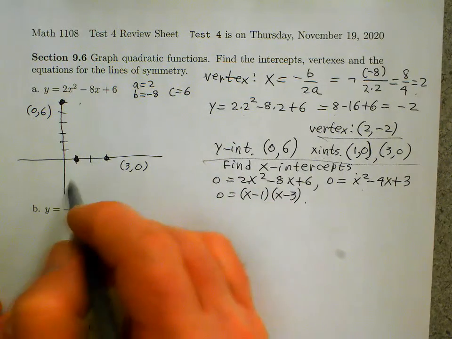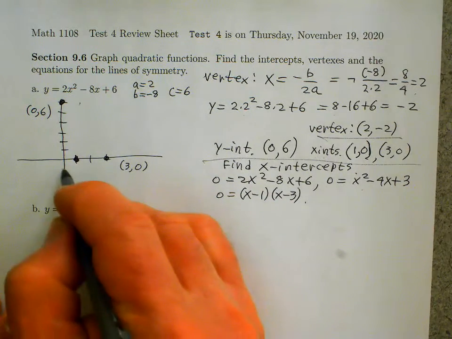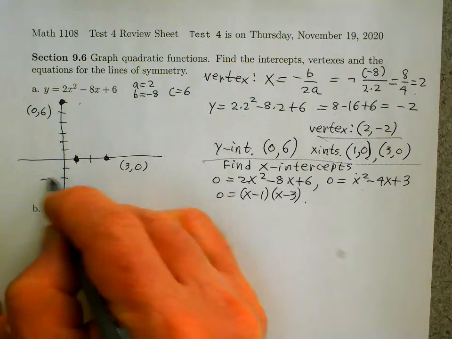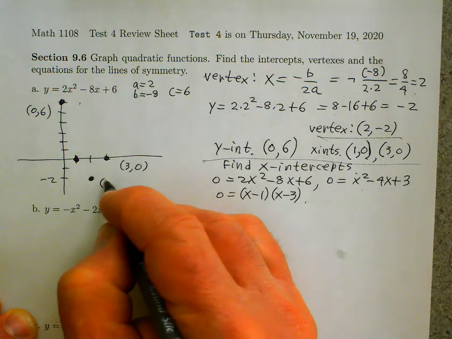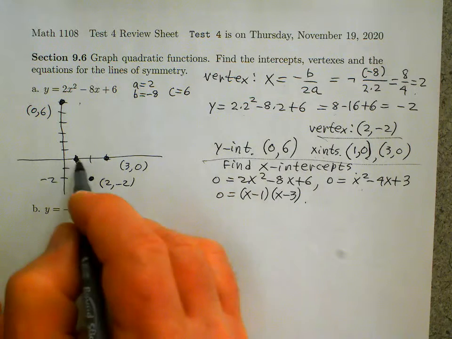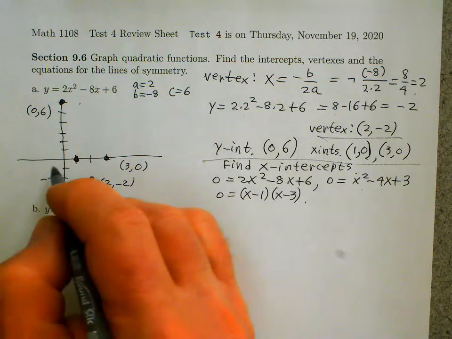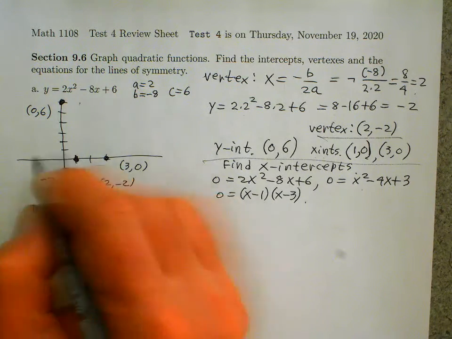The vertex is (2, -2). So (2, -2). The other x-intercept is (1, 0).